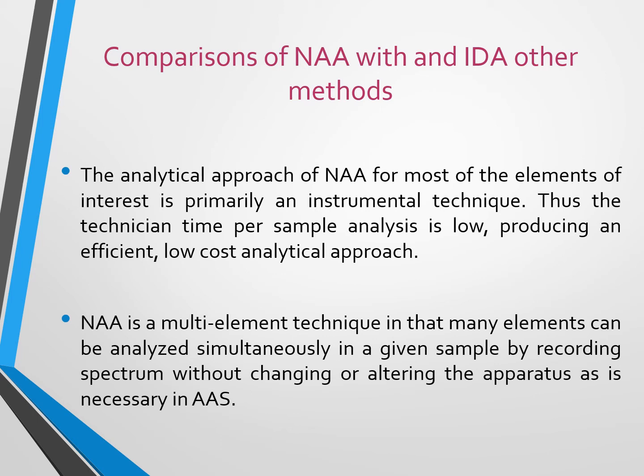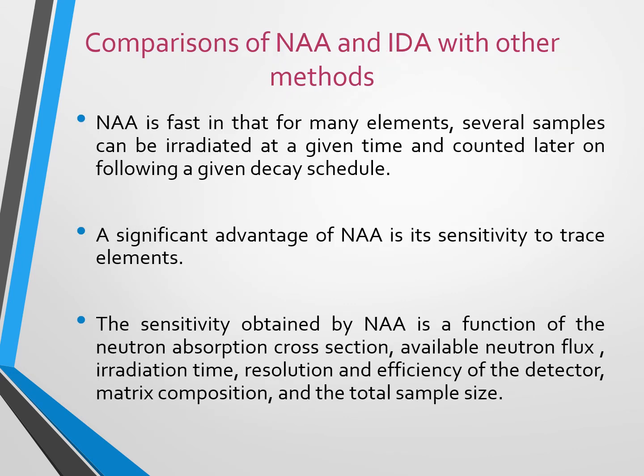In the atomic absorption technique, if we are dealing with multi-element detection, we have to alter the apparatus, making different alterations in the instrument to determine precise data or a precise result for a selective element. But in the case of neutron activation analysis, no alteration in the instrumentation is required.